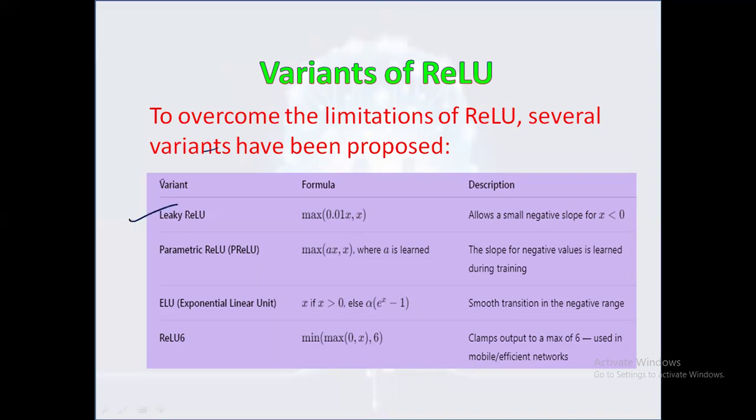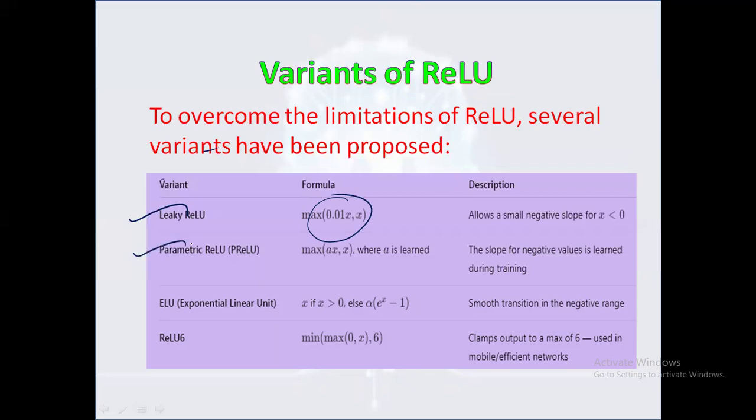First one is the leaky ReLU, which modifies the original function by allowing a small non-zero slope, typically 0.01 for negative inputs, ensuring that neurons still receive a gradient even when their input is negative.